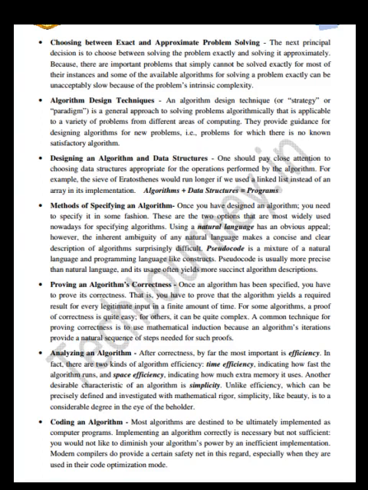The next principal decision is to choose between solving the problem exactly and solving it approximately, because there are important problems that simply cannot be solved exactly for most of their instances, and some of the available algorithms for solving a problem exactly can be unacceptably slow because of the problem's intrinsic complexity.